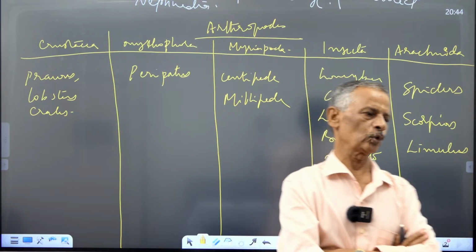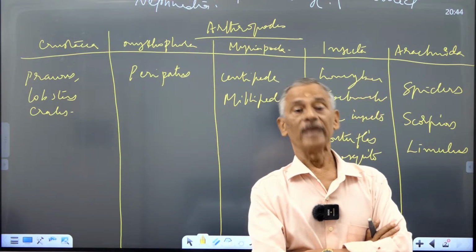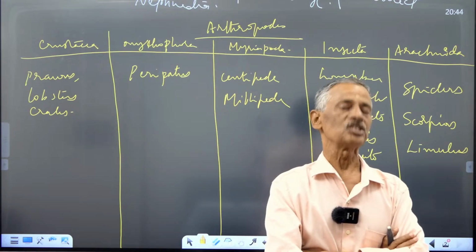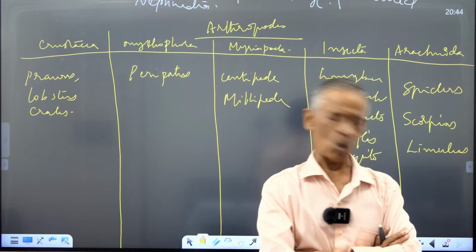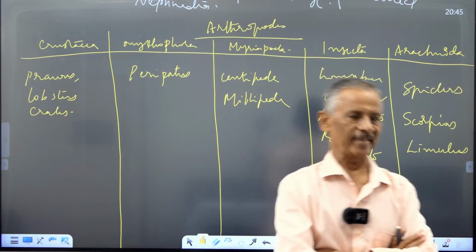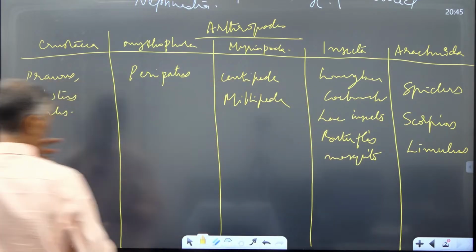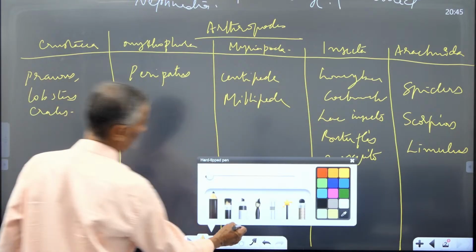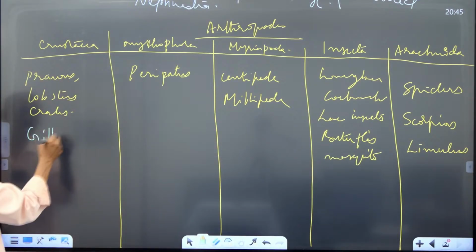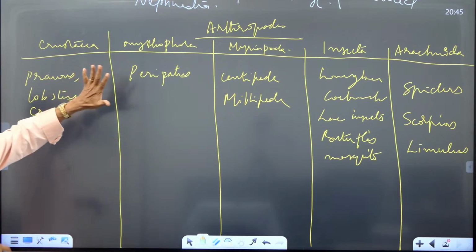ഇനി ഓരോന്നോരായിട്ട് നോക്കാം. Remember, they are having so diverse types of structural nature or organs for respiration, for excretion, etc. അതിനാണ് ഞാൻ ഇത് പറഞ്ഞു തന്നത്. For example, the organ for respiration in crustacea are gills because they are all aquatic. Peripatus വിട്ടോളൂ കേട്ടോ.